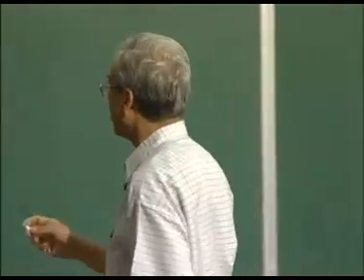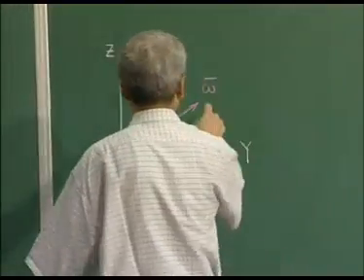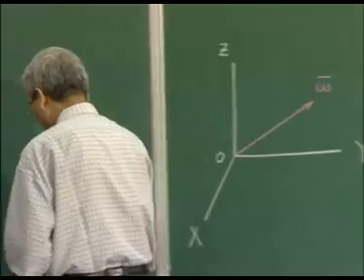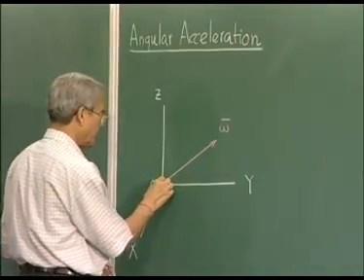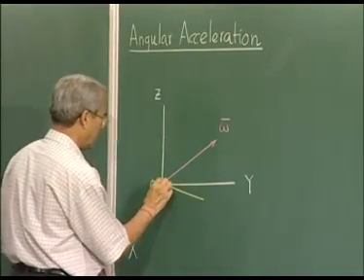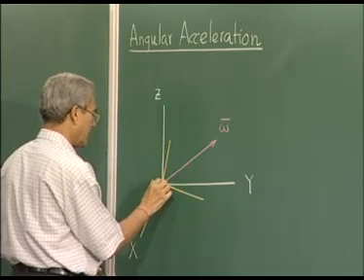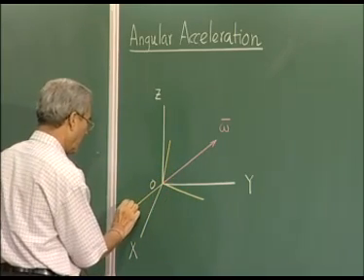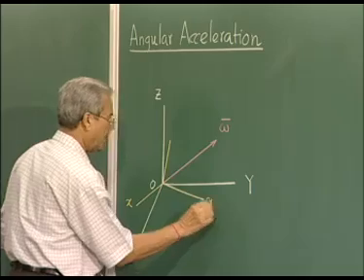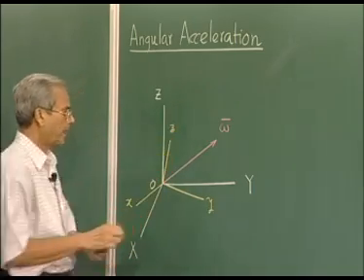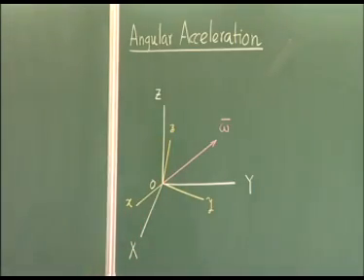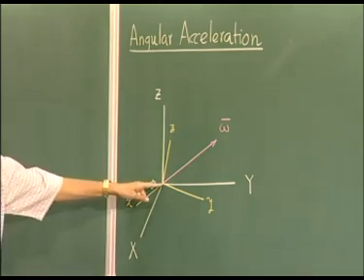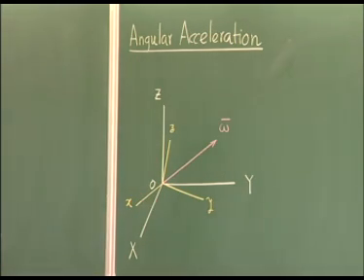To find the rate of change of this angular velocity vector, therefore, we first consider a frame of reference small x, y, z with the origins of the two coordinate systems coinciding all the time.